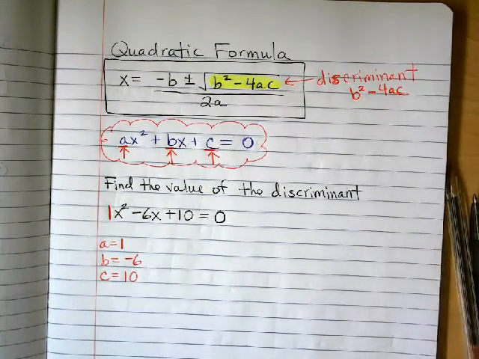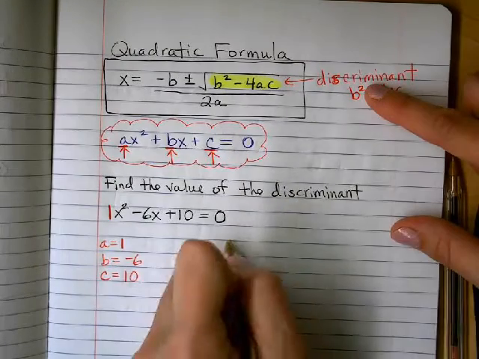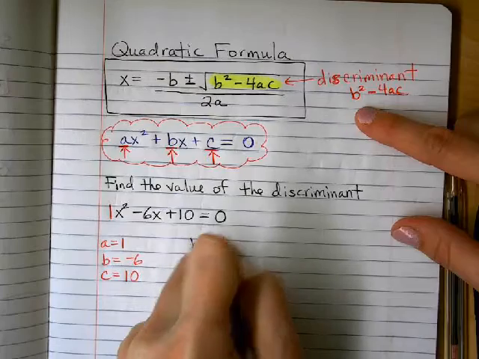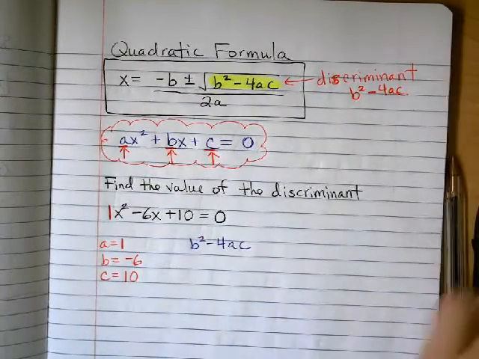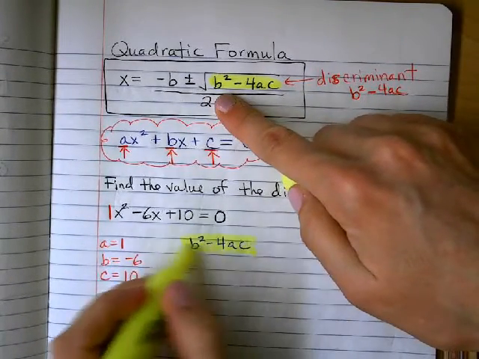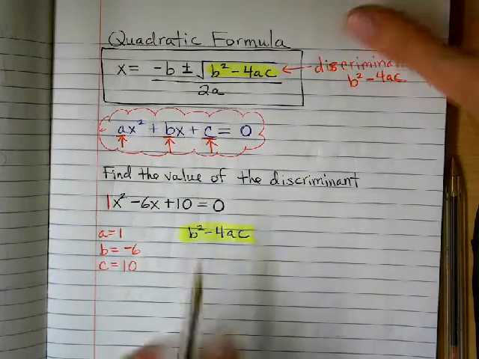Now let's see if we can do this discriminant thing. The discriminant is b squared minus 4ac. Do you think we could do that part? The discriminant. So what should I put for b squared?